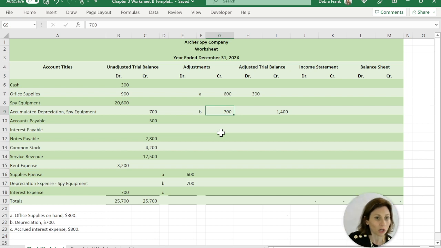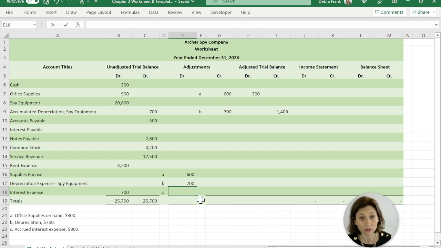Okay. Let's move on. Accrued interest of 800. In this case, they're just telling us what the interest is that we accrued. You didn't have to calculate it. In later problems, you'll end up calculating the interest. But in this case, they gave it to you. That was nice. So they're telling you your interest expense is 800 bucks. All right. So I did a debit to my expense. We can see we have three new debits of expenses.